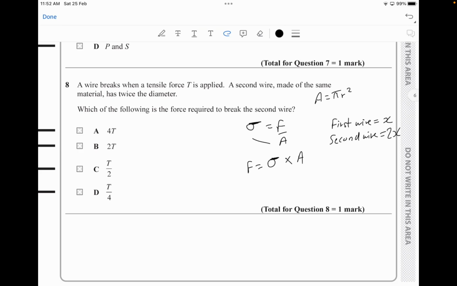So which one gives you the force? T just represents, let's say, the tension in this case for the same stress.